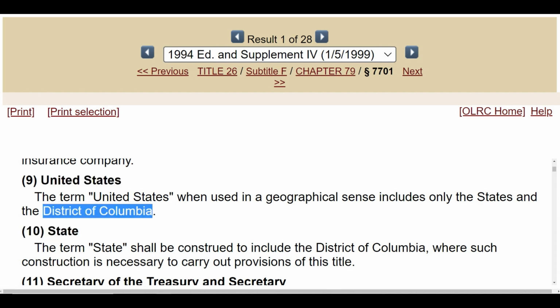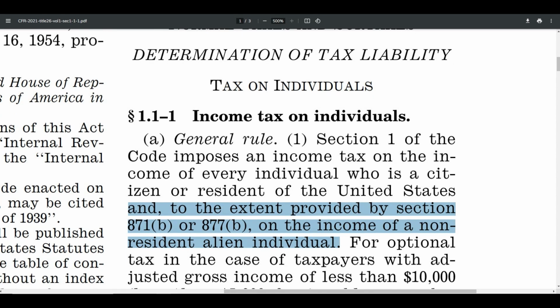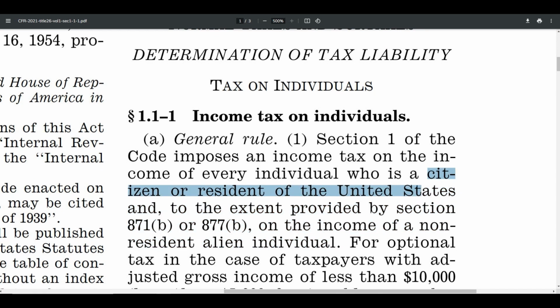Now, let's go back to Regulation 1.1-1. Not only does the tax apply to citizens and residents of the District of Columbia, it also applies, to the extent provided by Sections 871(b) or 877(b), on the income of a non-resident alien individual. Now, you've got to understand this, folks.